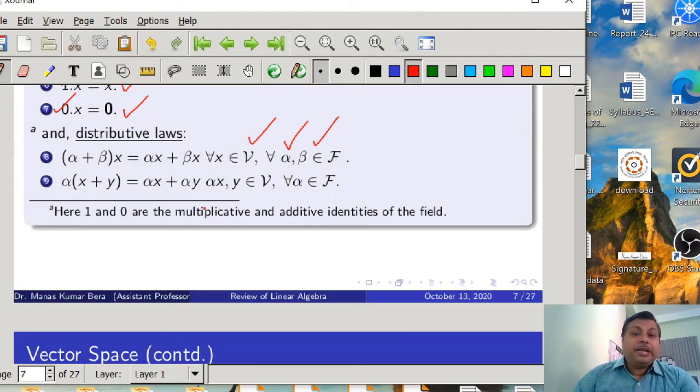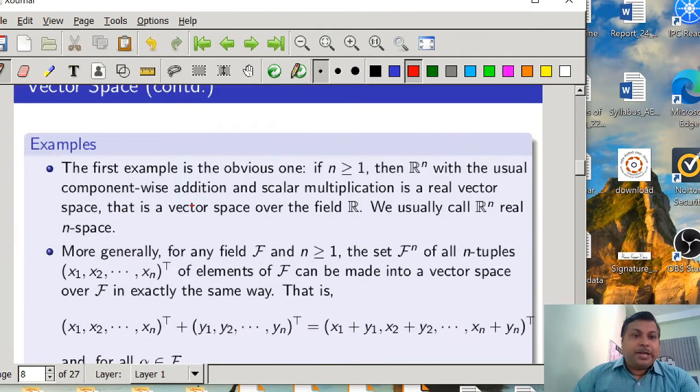Fine. So what will be an example of a vector space? The first example is the obvious one. If n is greater than or equal to 1, then Rn with the usual component-wise addition and scalar multiplication is a real vector space.